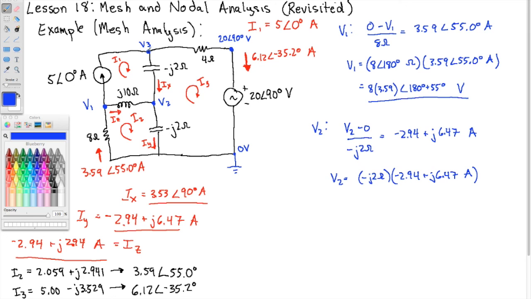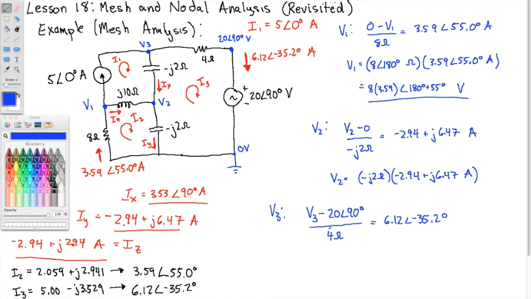Now V3, if we want V3, we can do this in a couple ways. We know this current up here is 6.12 angle minus 35.2 degrees, and we know the voltage on the right of that resistor, so we can get the voltage on the left. Let's do that. Using Ohm's law, we know that V3 minus 20 angle 90 degrees over 4 ohms is equal to the current 6.12 angle negative 35.2 degrees.